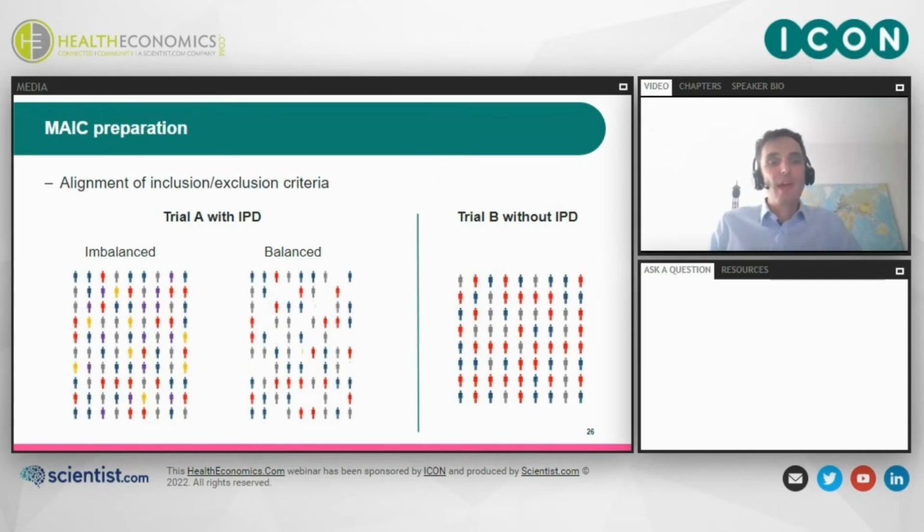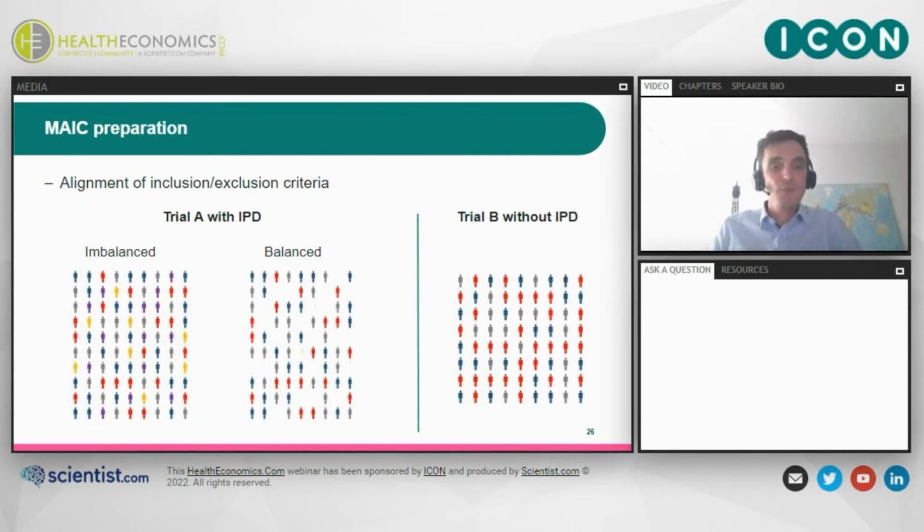So if we look at the actual steps to follow in an MAIC, it's typically recommended that you compare the inclusion and exclusion criteria between your trial A and the comparator trial B as a first step.